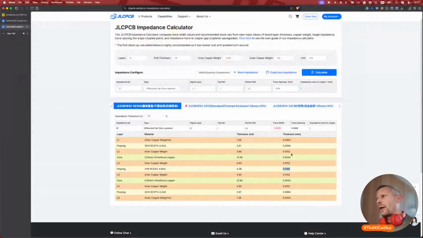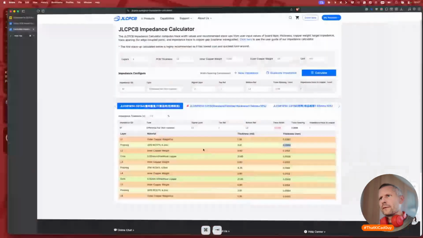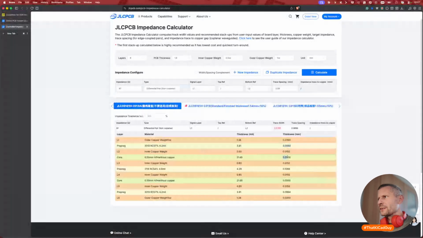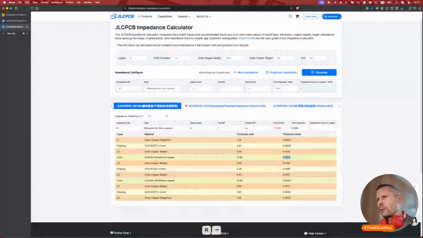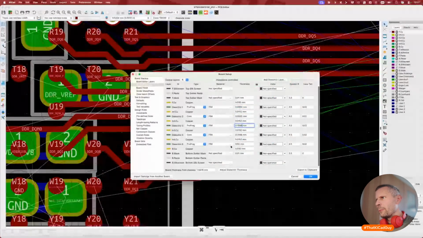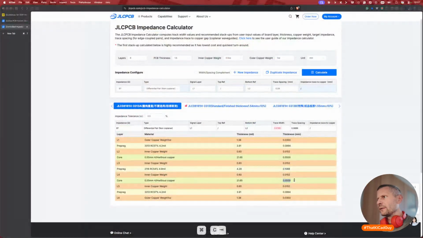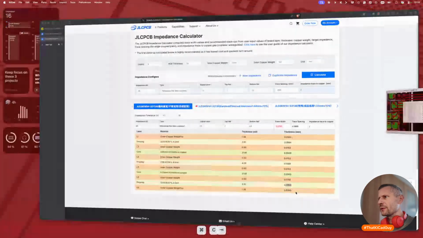Top and L1 is this. Below is this. Yes, below is this again. Symmetrical, yes. And below is this, symmetrical as well.